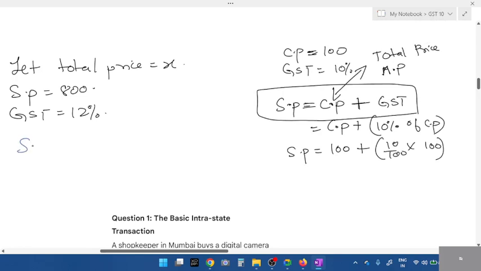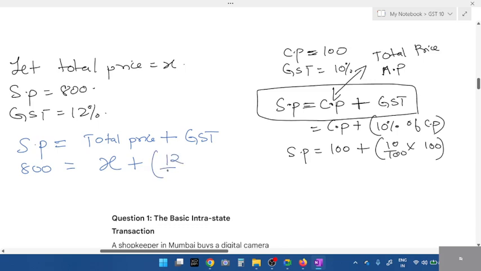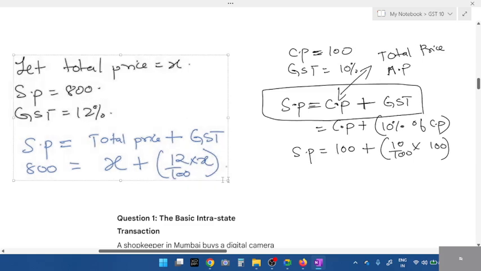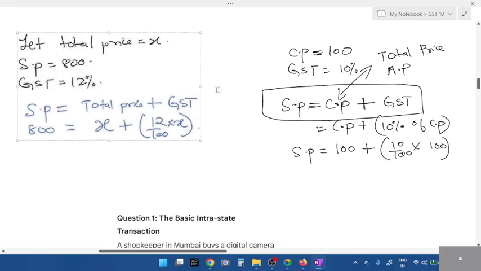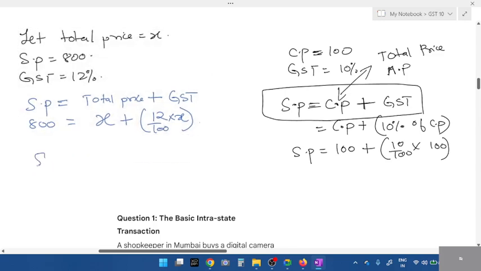Now use the same formula here. Selling price is equal to total price plus GST, right? What is selling price given? 800. Total price we don't know, X. Plus, how do you calculate GST? 12 divided by 100 into X. I'll write it as 12x divided by 100.